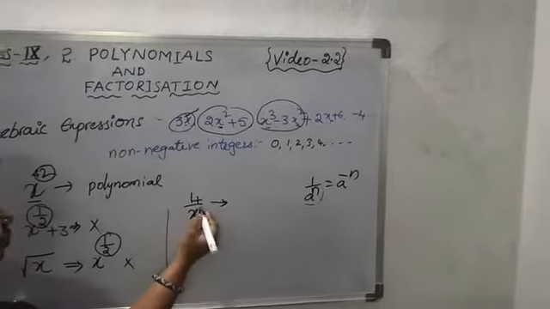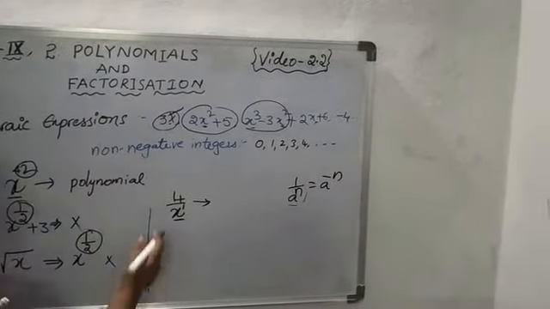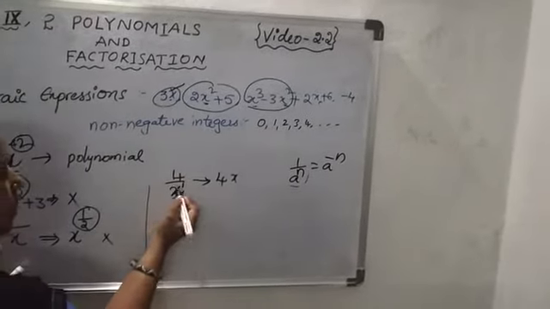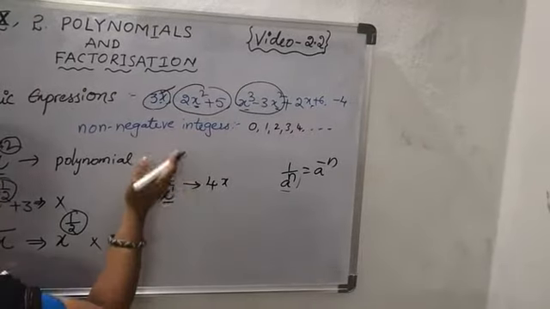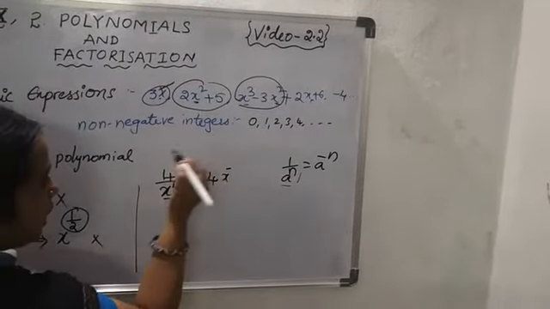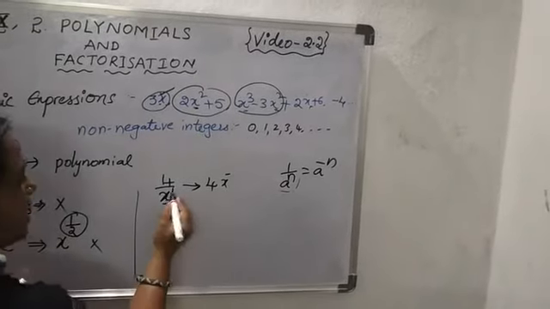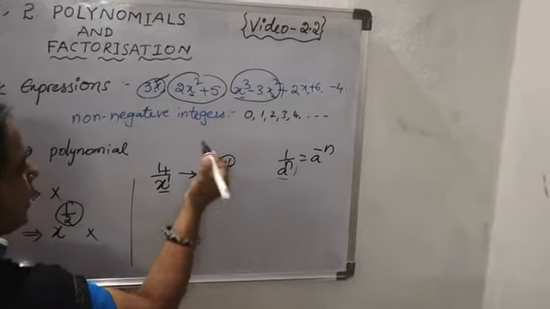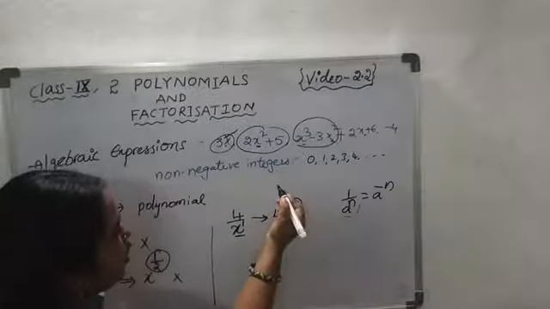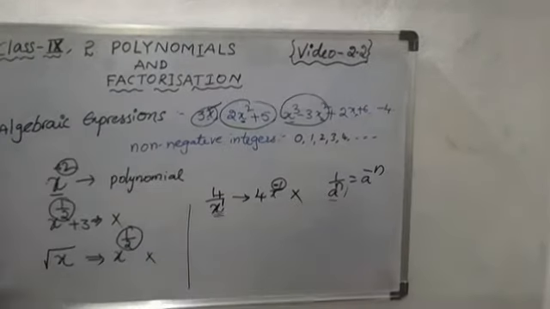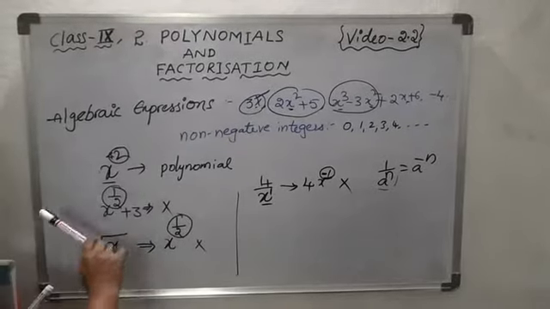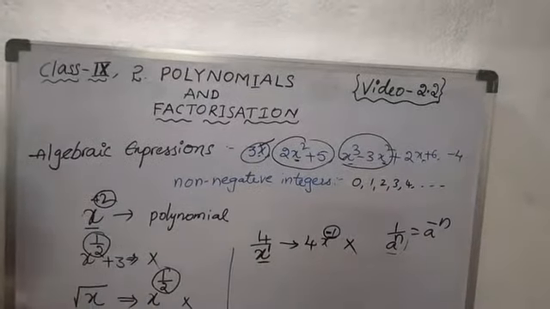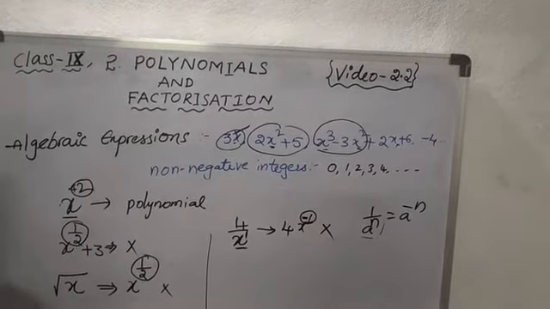So the exponent is 1, and it can be written as 4 into x to the power of minus 1. Shifting the denominator into the numerator, the exponent becomes negative. So observe, the exponent of the variable x is negative, which means it is not a polynomial. So for a polynomial the exponents are always non-negative integers, that is 0 or positive values 1, 2, 3, 4, anything.